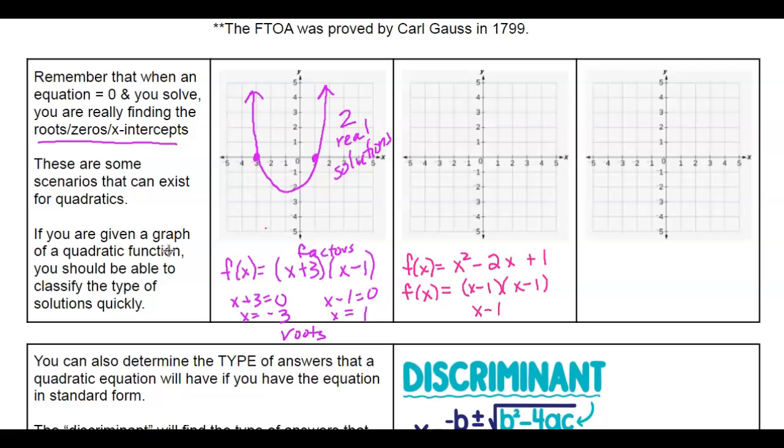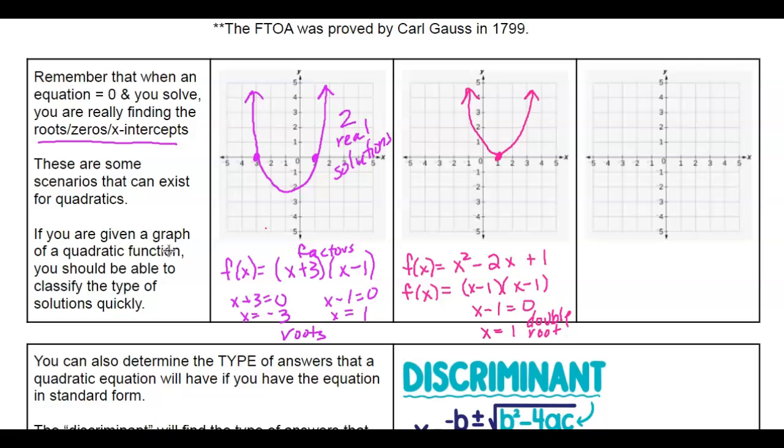So if we set the equation equal to 0, add 1, so x equals 1 is a root. Okay, and so what happens is it only touched the x-axis one time because we call this a double root, or multiplicity of 2. Multiplicity is the technical word for double.